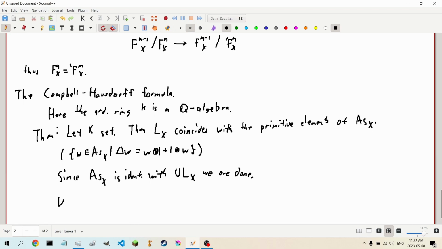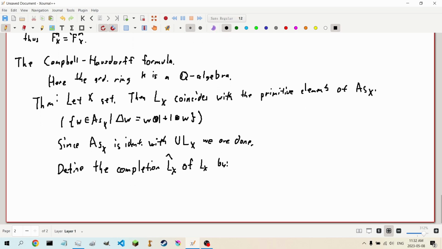Now, define the completion of the free Lie algebra L_X by L_X hat, which is equal to the infinite product of L_n X. We still have the completion of the free associative algebra.